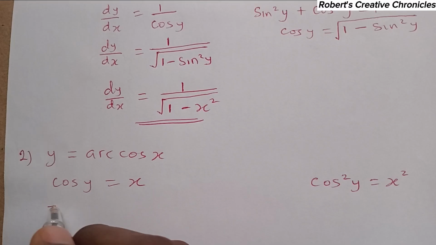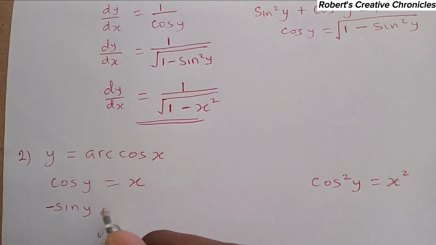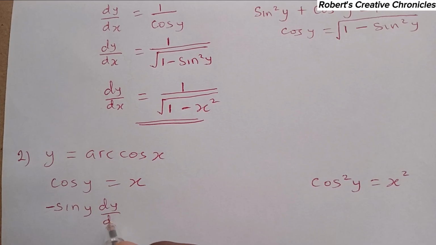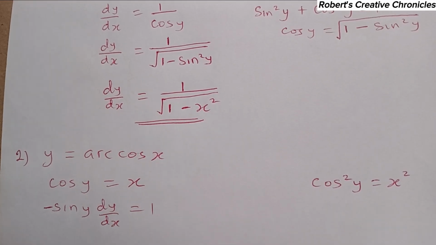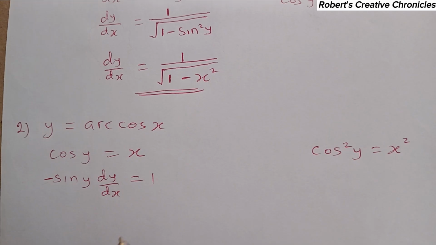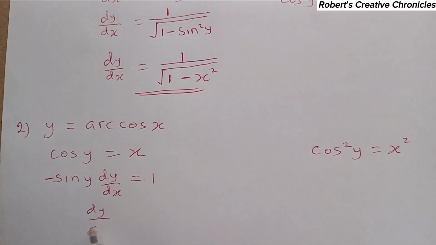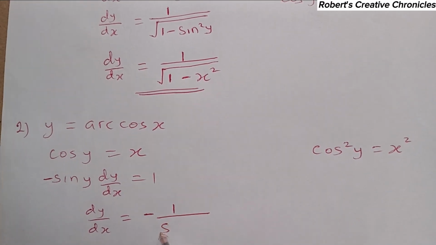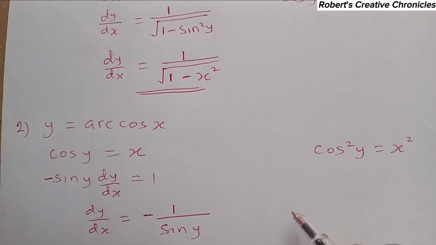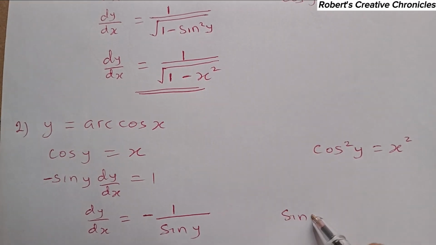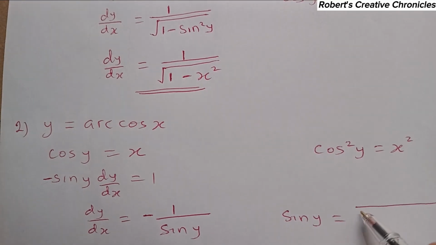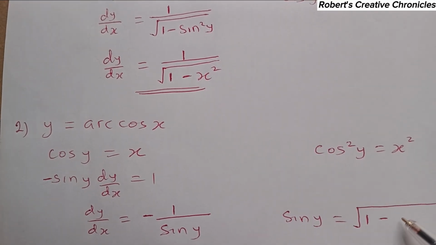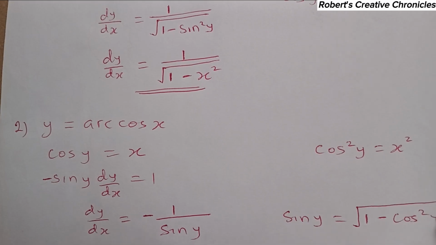The derivative of cos y is negative sine y dy over dx equals 1. So now we'll make dy over dx the subject of the formula. It becomes negative 1 over sine y. You know that sine y will be the square root of 1 minus cos square y.